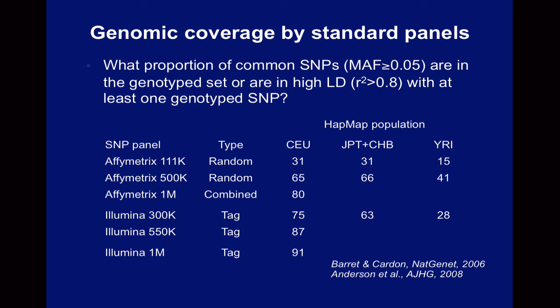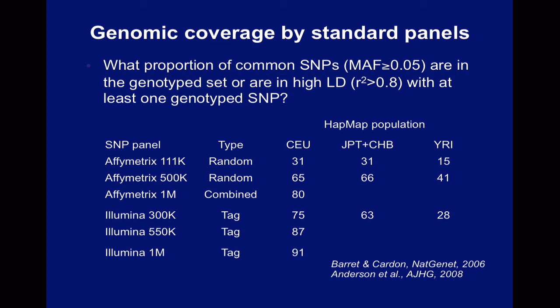And you can see that nowadays we use arrays which have 1 million SNPs or more, and the coverage is 80% or even more than 90%, meaning that these arrays manage to capture a large proportion of the common variants which are present in human genomes.